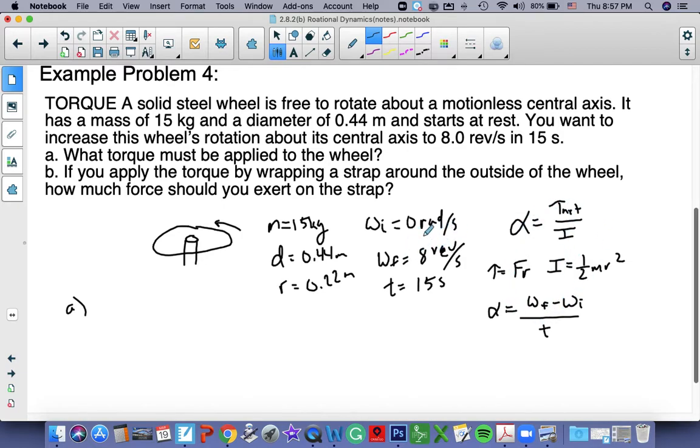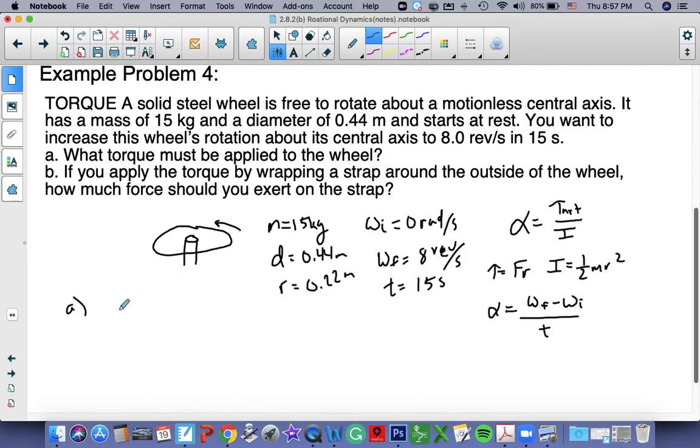Well, we have a final, initial, and time right there. That can get us an angular acceleration. And we have a mass and a radius, which can get us our moment of inertia. And we don't have a force, which is what we're looking for. So let's find these and plug them into Newton's second law of rotational motion, and that will help us find that force we're looking for.